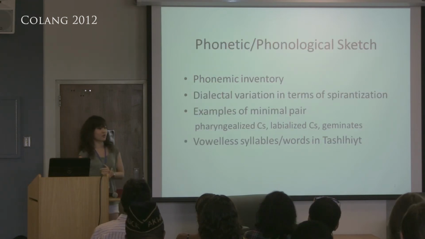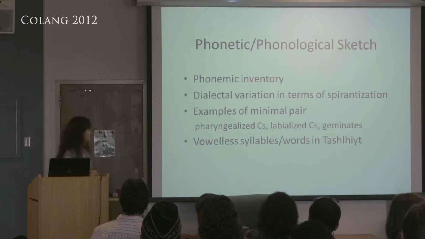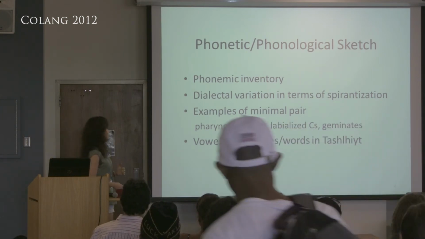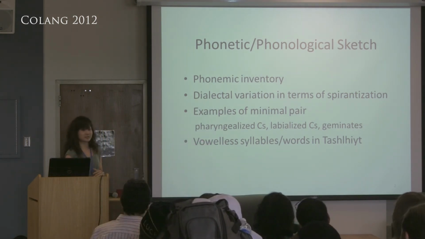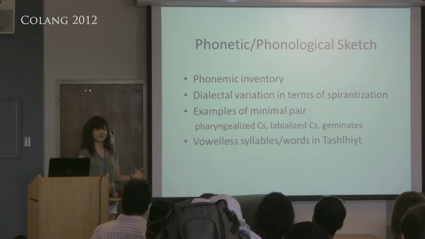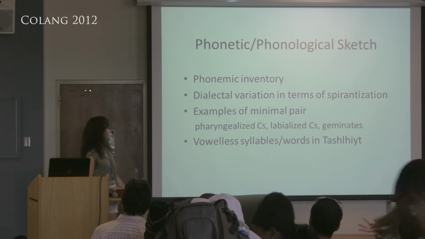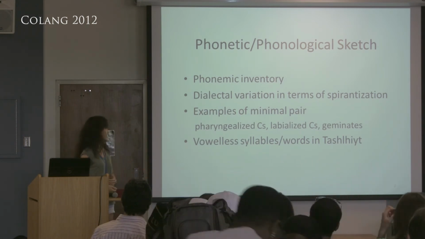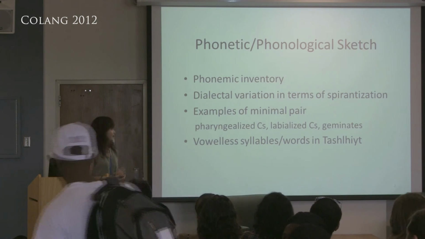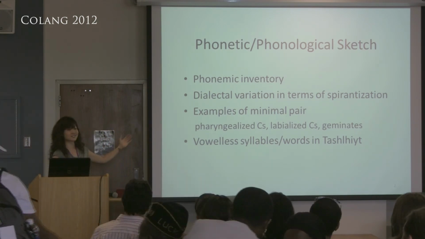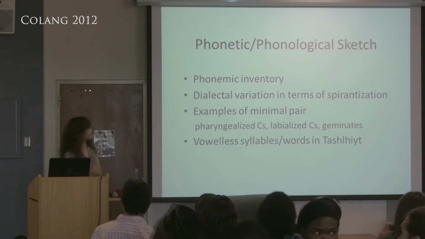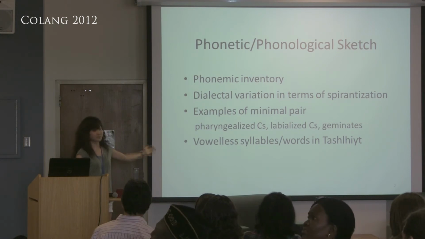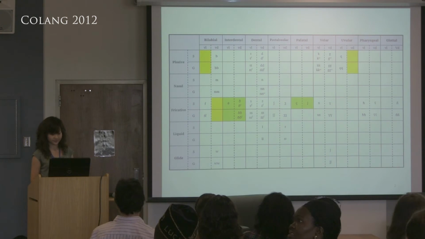I will briefly go over the phonemic inventory of the language and also briefly go over dialectal variation, especially in terms of spirantization. And I will demonstrate some binaural pairs, including some interesting sounds of the language, like pharyngalized consonants, labialized consonants, and geminates. And my passion is vowelless words in Tamazight. So that will be my last part.